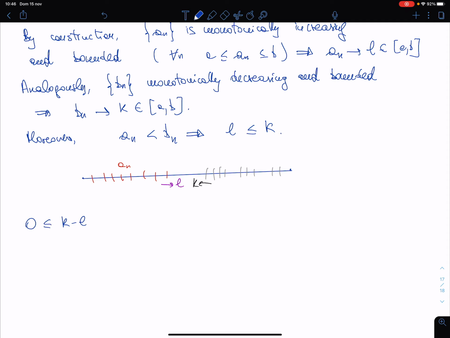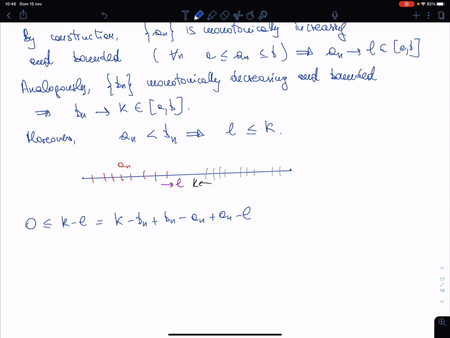is non-negative. Let me write k minus L like k minus b_n plus b_n, minus L, and let me add plus a_n and minus a_n.